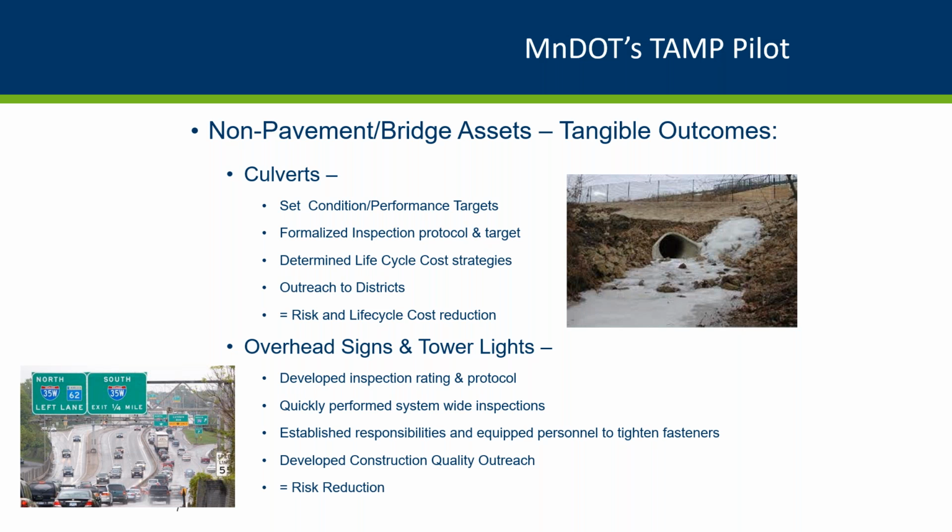A few tangible outcomes with regard to our culverts. Again, we had pretty good inventory data. We did use the TAMP process to propose some measures and targets for infrastructure condition. I think that also formalizing our inspection protocols.